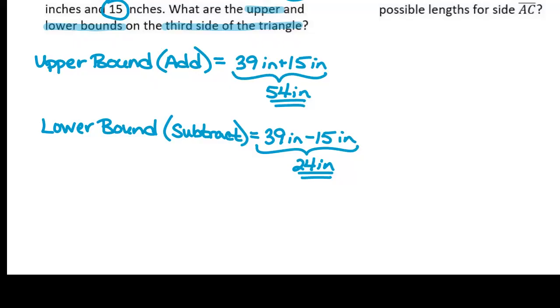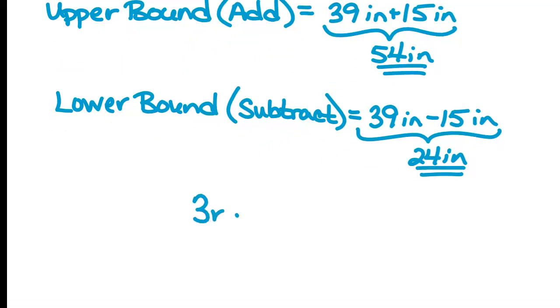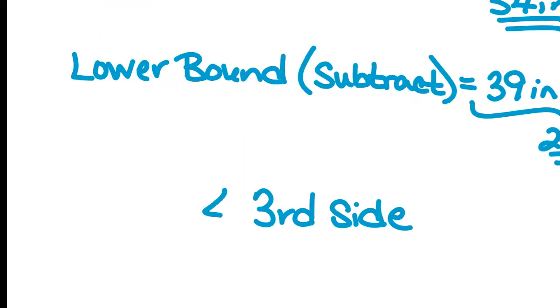All right, so the way I write my final answer to show my upper and lower boundaries, the third side of the triangle has to be bigger than 24 inches. So I have the inequality, alligator, eats the third side because it has to be bigger than 24.